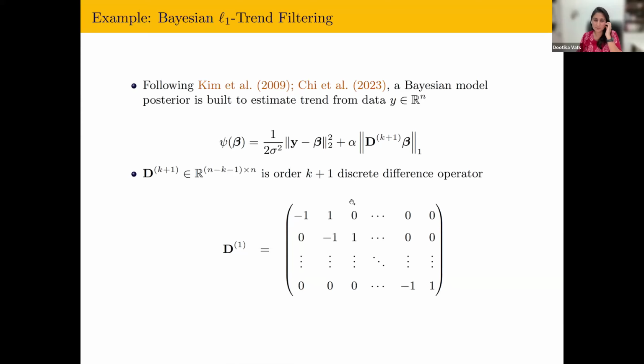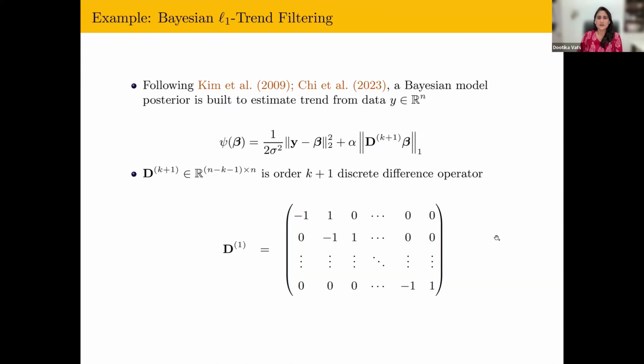So in this case, for example, we use a k plus 1 discrete difference operator where, for example, k equals 0 is going to induce a constant trend. And for k equals 1, that's going to induce a linear trend. And this is where the penalization comes in. So this is encoded as part of a prior, and this is encoded as part of a likelihood.